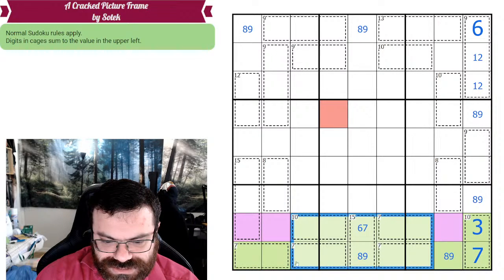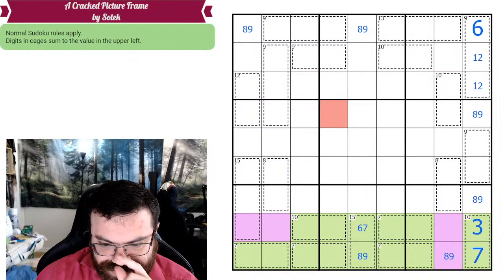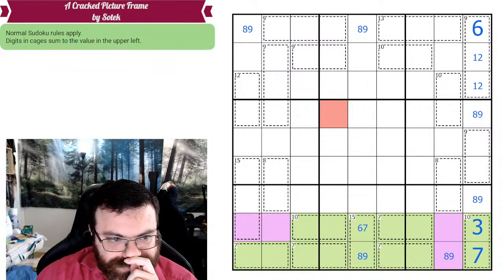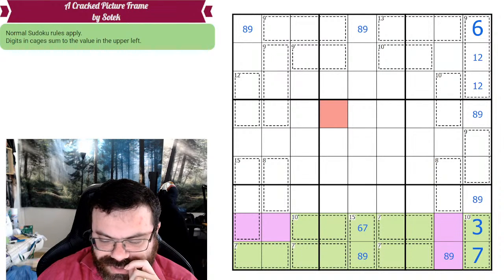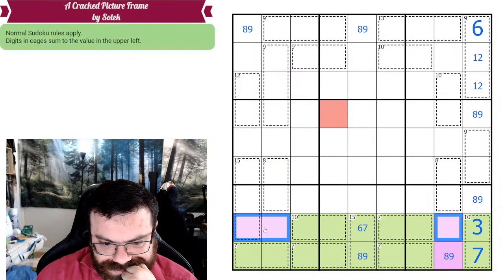So these add to 63. So I guess this is an outie if I do it that way. So the purples add to 27. We know we have at least 8. So these add to 19 or 20. That's not as helpful. Oh well.